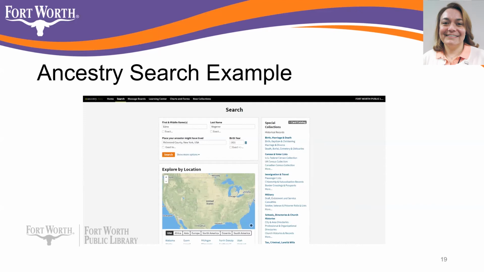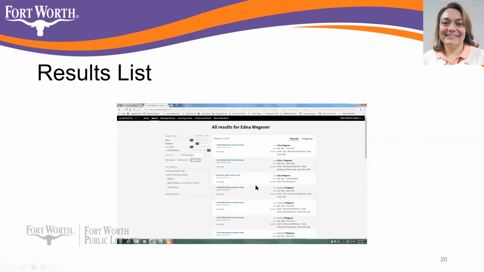So we have an Edna Wegener living in Richmond County, New York, which is Staten Island, the birth year of 1921. Now we're going to get a whole list of results for Edna Wegener, but we're going to want to look at the first one, the 1940 U.S. Federal Census.